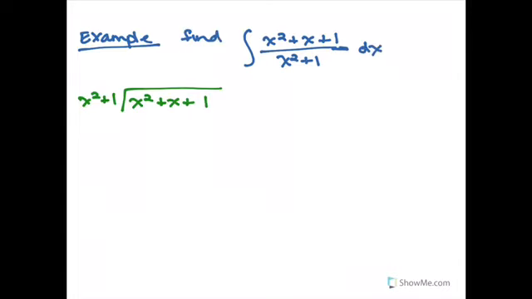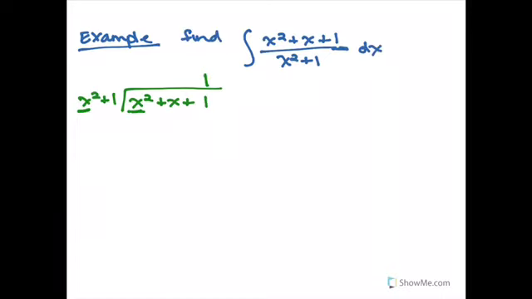So to do long division, that means I say, what do I multiply x squared by to get an x squared? 1. And I put that over the column that has the same degree. So 1 is a constant, I put it over the constant column.